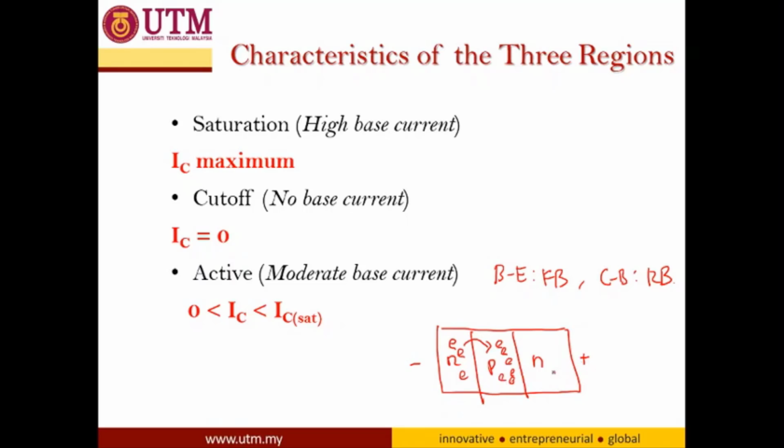Although the depletion region between the collector and base is quite large, the applied positive pulls the electrons, so they cross the depletion region and arrive at the collector. That's why there is a current flow.